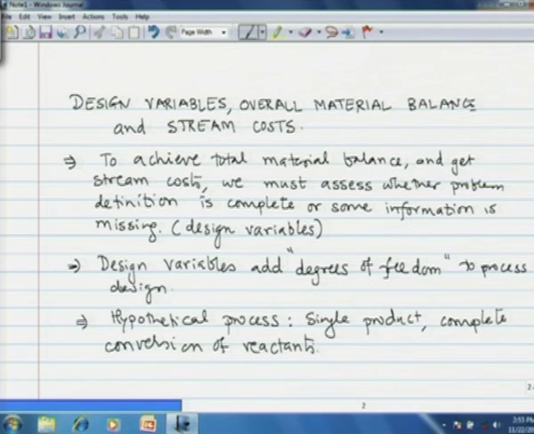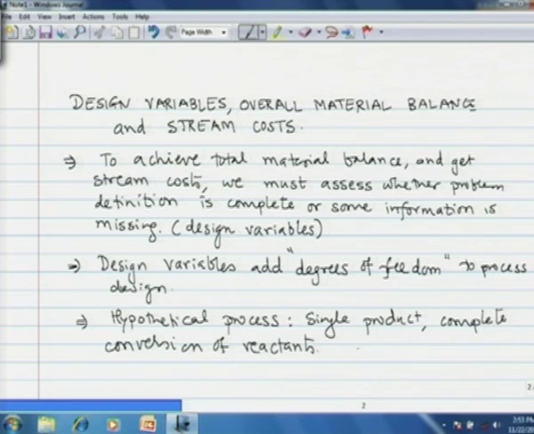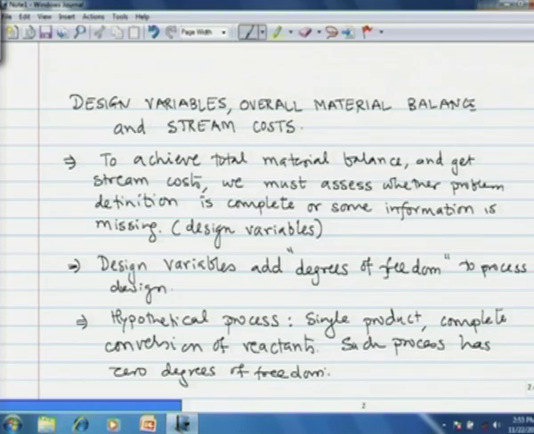Now, in such cases, there is no freedom of designing a process. You start with direct material balance based on stoichiometry and design a reactor. So, such hypothetical process has 0 degrees of freedom. For such process, there will be a unique set of material balance, unique set of energy balance, and the reactor design is based on that.